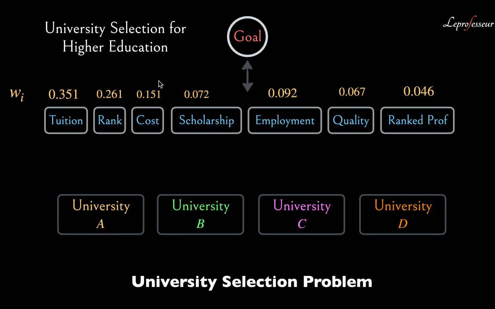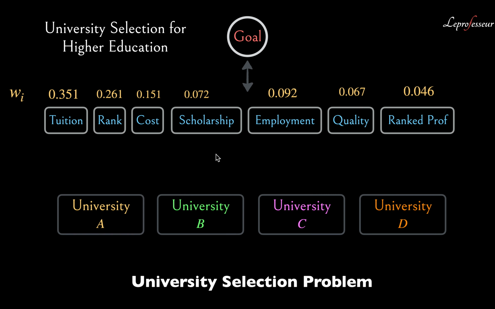Now, the problem is still there, because so far I have normalized the criteria matrices and come up with the normalized weight of each criterion. Very important. Now I'm left with how each university stands with respect to each criterion.